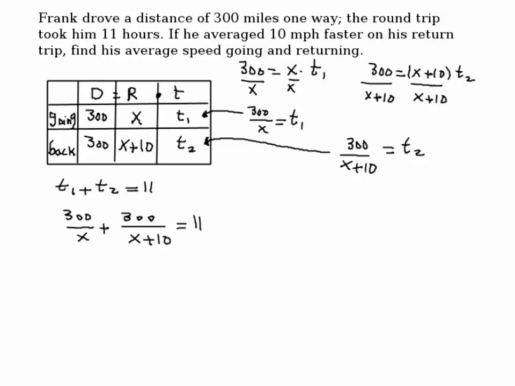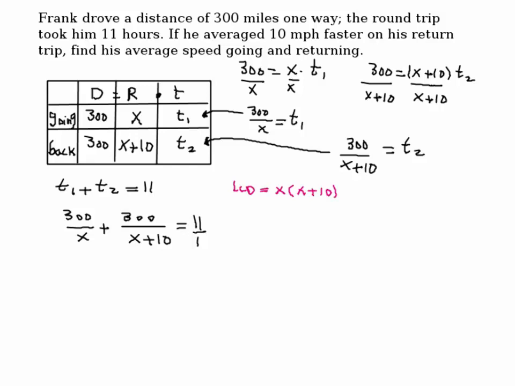To solve this, we need to find the LCD. What is the LCD, anyone? It looks like the LCD is x times x plus 10. So if I multiply each term by x times x plus 10, I can eliminate the fractions.